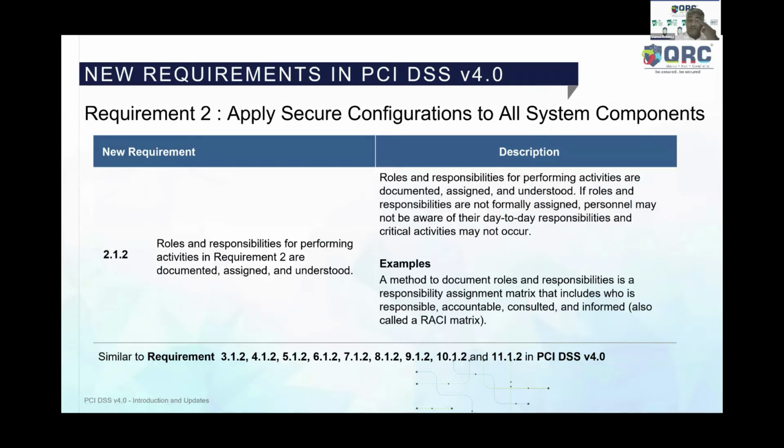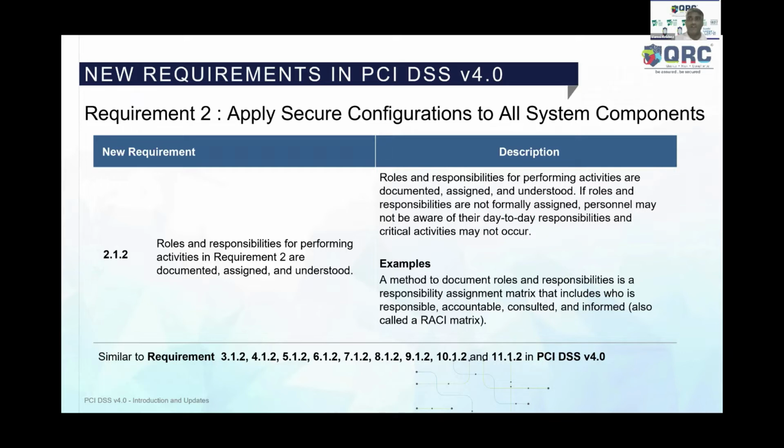Roles and responsibilities for performing activities in requirement 2 are documented, assigned, and understood. In a similar way, you can see the same statement in roles and responsibilities for performing activities in requirement 3 are documented, assigned, and understood. Every requirement has a similar statement.